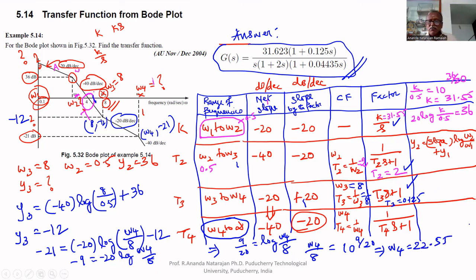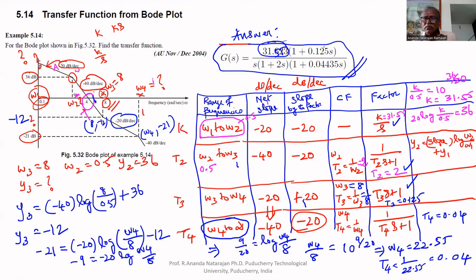Therefore, T4 equal to 1 by omega 4, T4 equal to 1 by 22.55 equal to 0.04. So we found all parameters. So we got the transfer function. What is k equal to? 31.55.